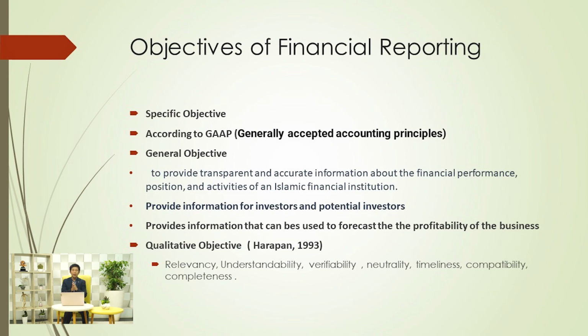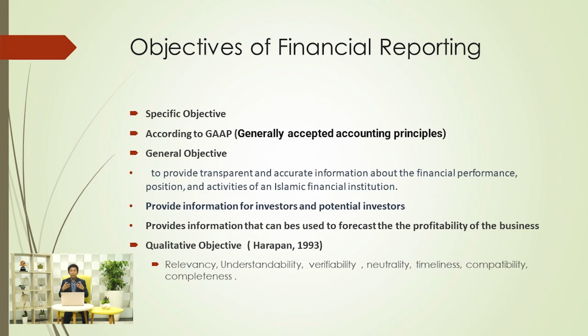What are the operations of the financial institutions or Islamic banks? So the purpose is to provide transparency. That's one of the general objectives of financial reporting, to provide transparency. And of course, to give accurate information about the financial performance.